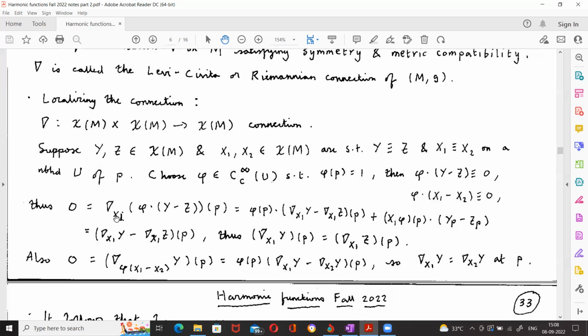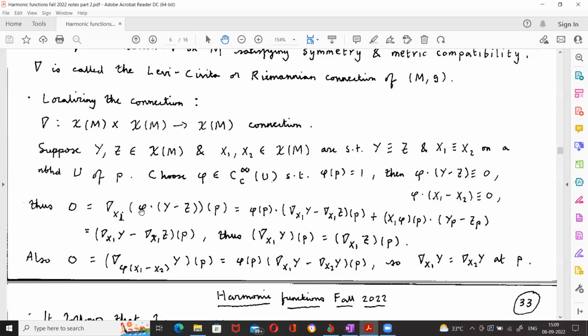Now we know that the connection is R-linear in the second variable. Therefore, nabla x1 of phi times (y minus z) is 0, because phi times (y minus z) is identically 0 on the whole manifold, and a linear map applied to the zero vector is 0. Now I use the Leibniz rule.